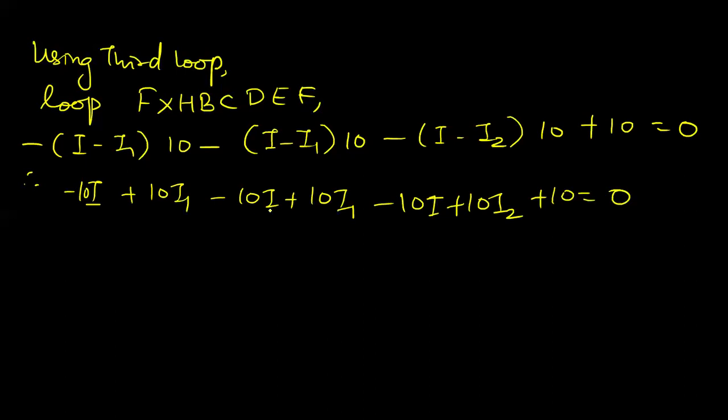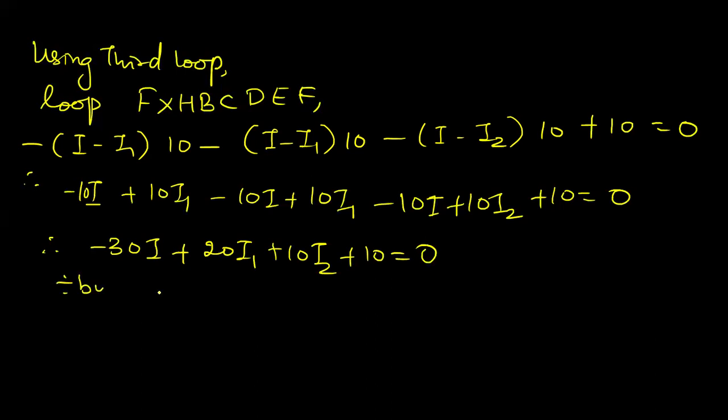Now from here, what do you see? There are more I terms. So you can take minus 30I plus 20I1 plus 10I2 plus 10 equal to 0. From here, find the value of I2. First, divide by 10. So you get minus 3I plus 2I1 plus I2 plus 1 equal to 0.